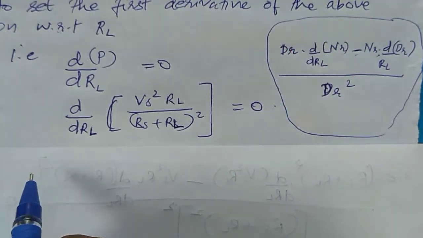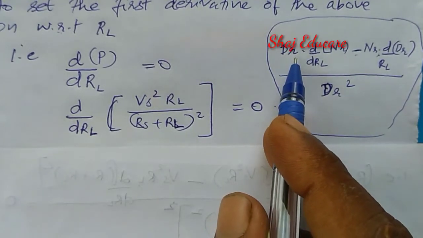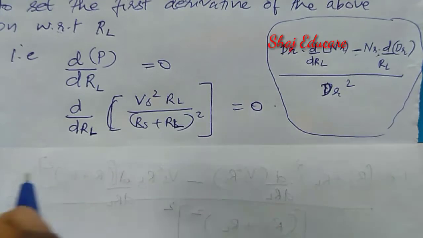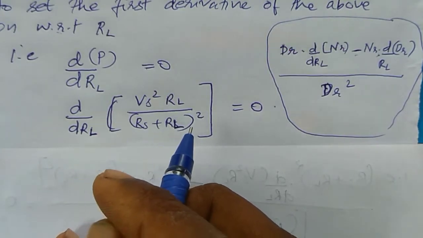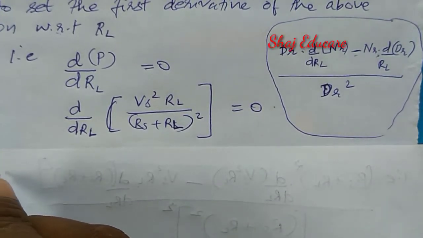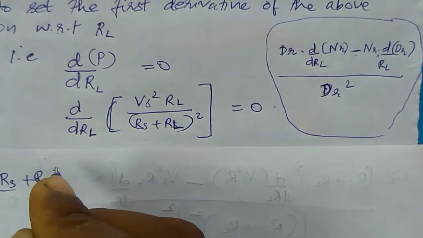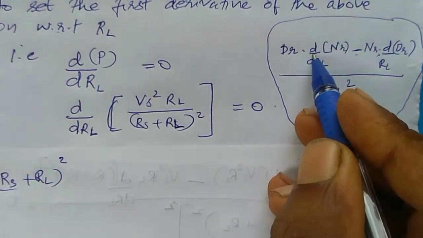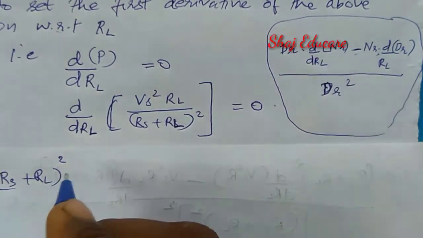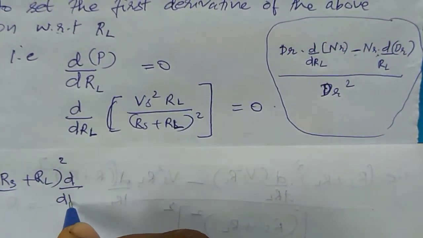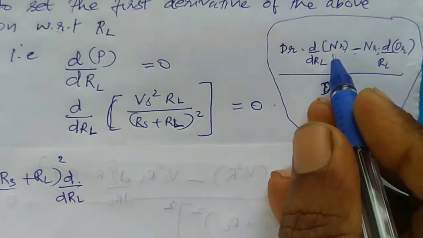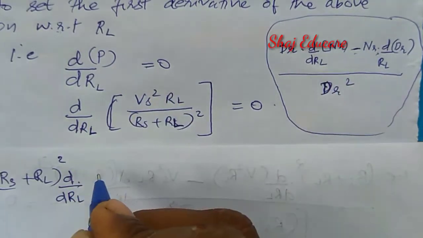Then what we are getting is, first, the denominator. What is the denominator here? That is (RL plus RS) whole square, into derivative of numerator, d by dRL of, what is the numerator here? Vs square RL.